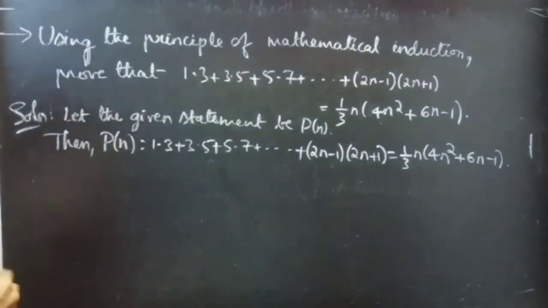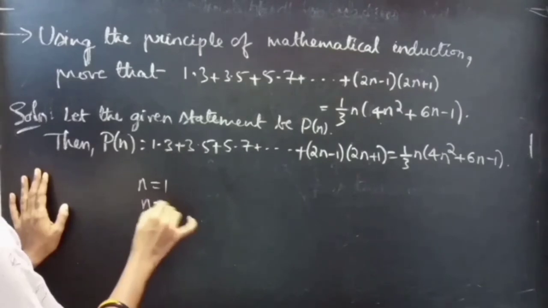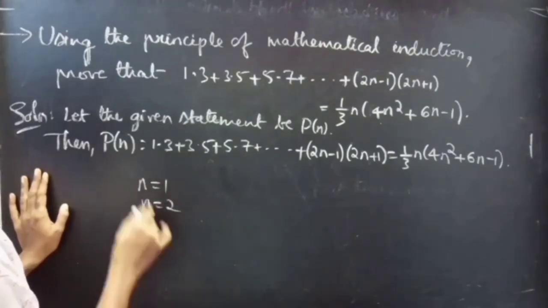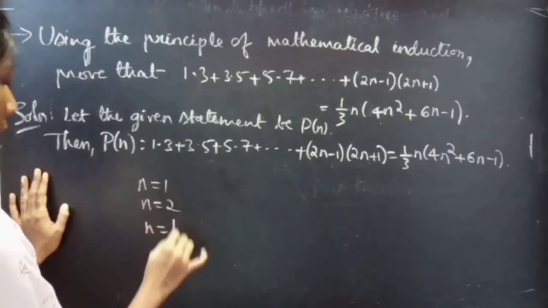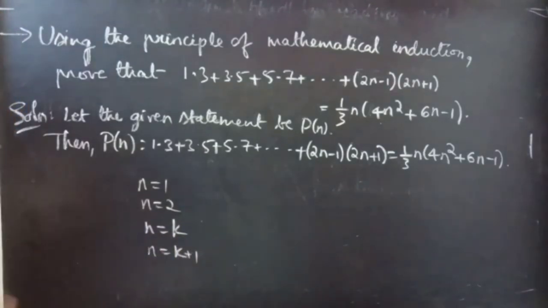Okay. So firstly we'll prove for n equals 1, n equals 2, and we'll assume that the statement is true for n equals k, and finally we'll prove for n equals k plus 1. Okay.